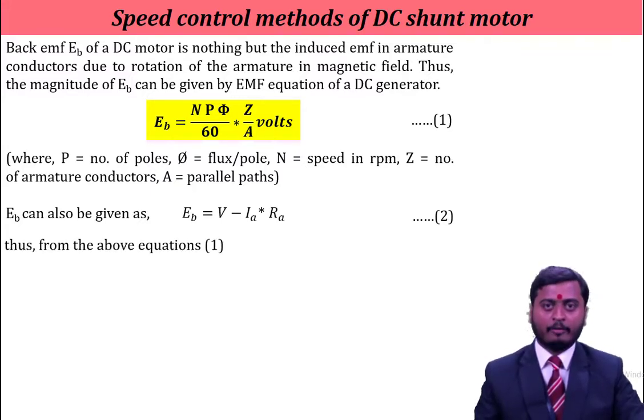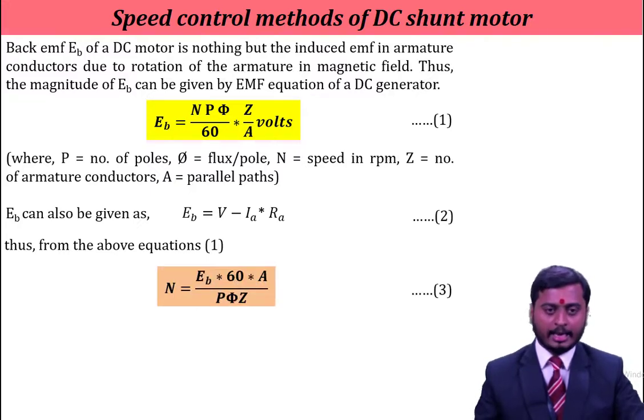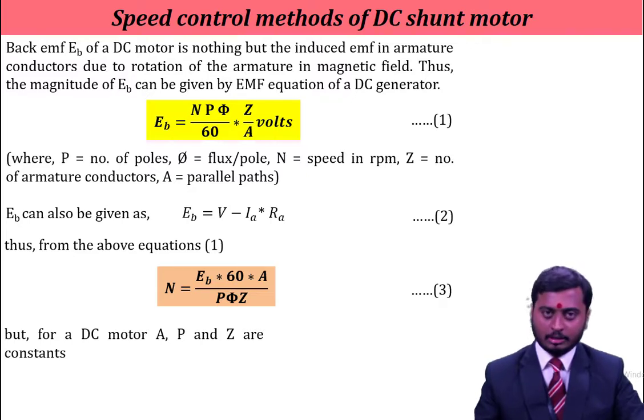Therefore, from equation number 1, we can write the formula for speed, that is N equal to EB into 60 into A upon P into phi into Z. Treat this as equation number 3. But we know that for any DC motor, series or shunt, A, the parallel paths, P, the number of poles, and Z, the number of armature conductors, are all constant.